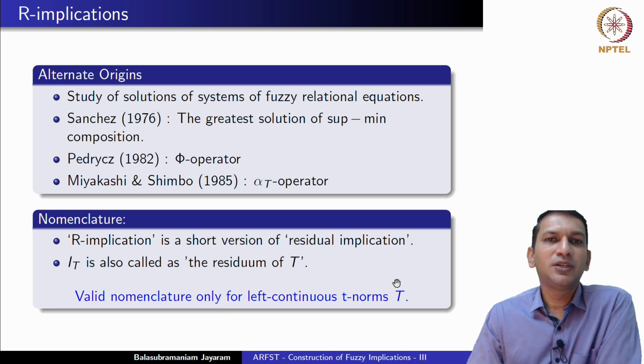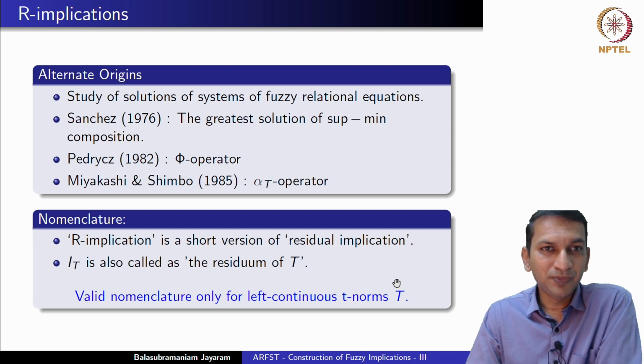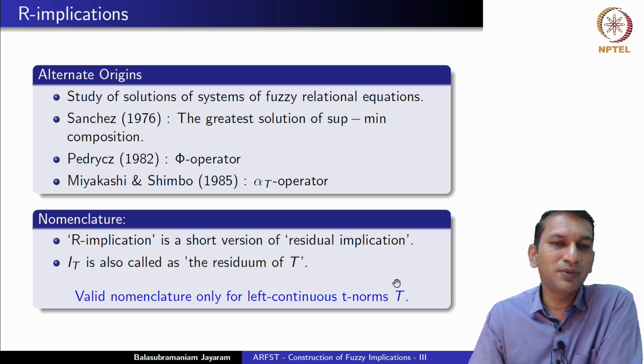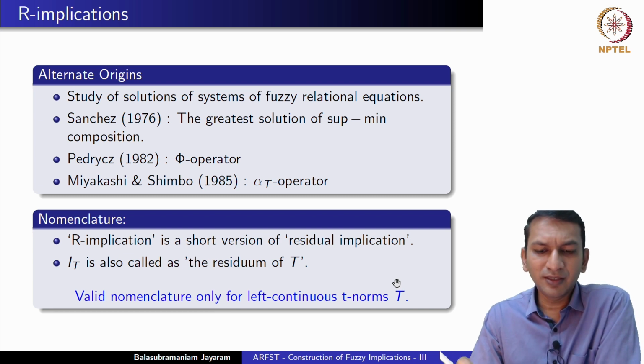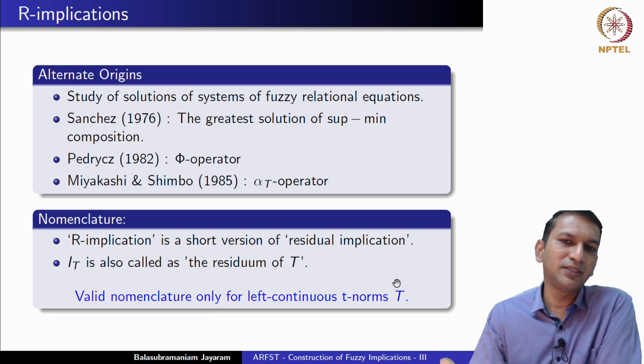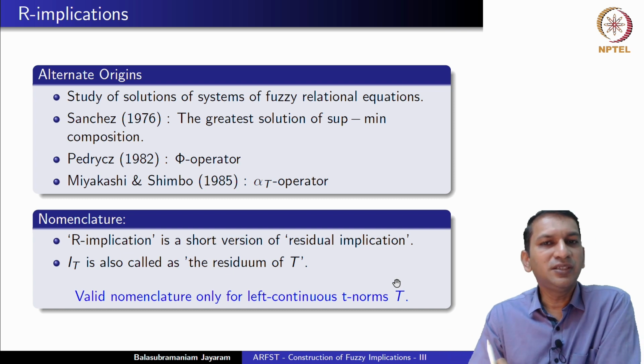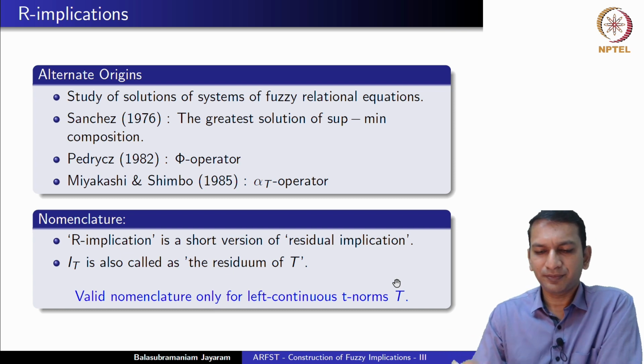The reason for this will be explained going forward, because only if the T-norm is a left continuous T-norm can we ensure that the T-norm T and the R implication I_T satisfy what is called the residuation principle or residuated property, from which we get this term residuum or residual implication, whose shortened version is actually the R implication.